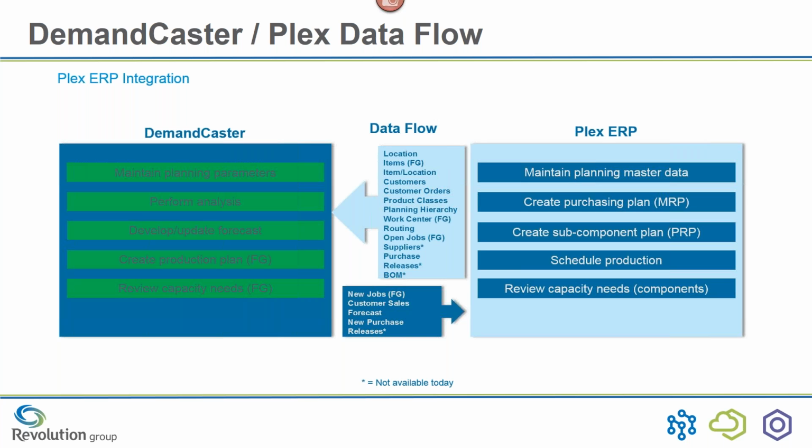It does work for suppliers and purchase releases for finished goods, and eventually on the roadmap will be BOM items as well. So those all feed into DemandCaster, where you're maintaining your planning parameters and doing all your analysis.